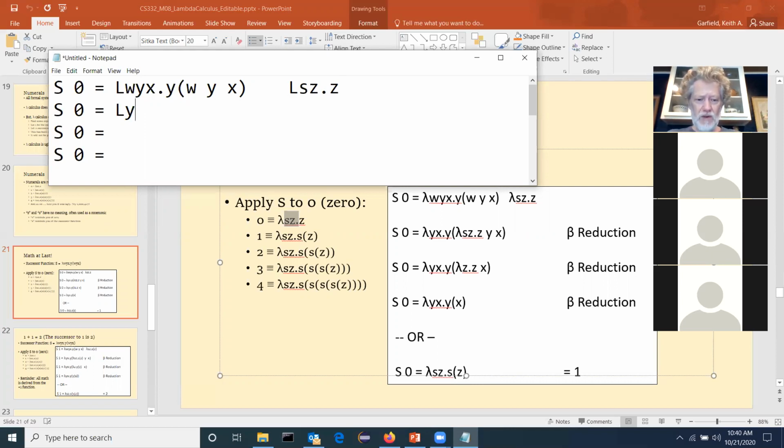Get rid of the w. Now we have x, y(x) dot y, and then like that, which doesn't look like much yet, but I have a function of 2 arguments, and I have 2 arguments inside the parentheses, so I can start to resolve that.